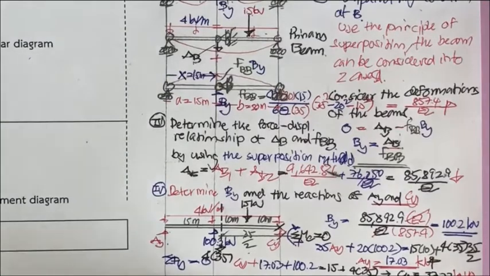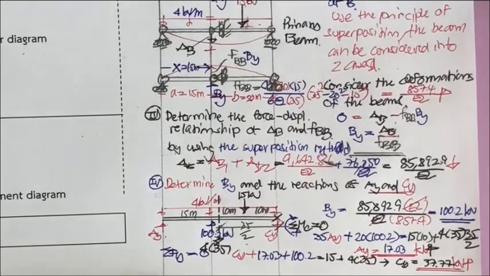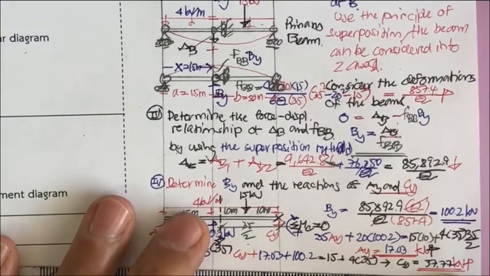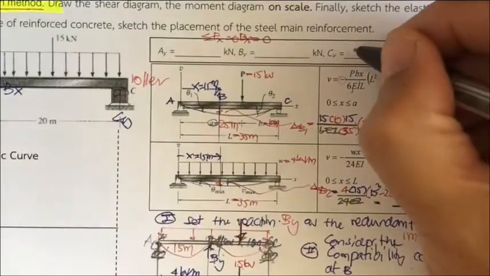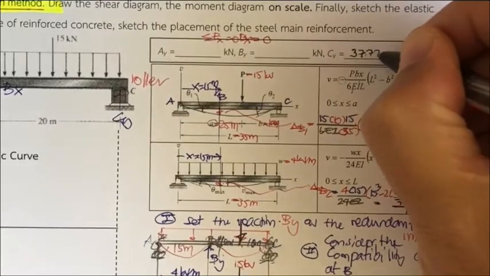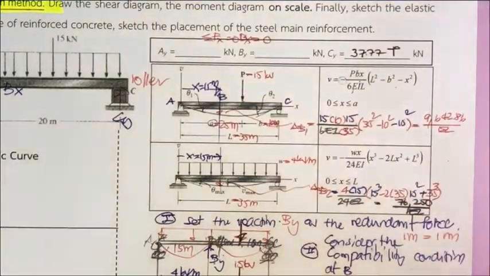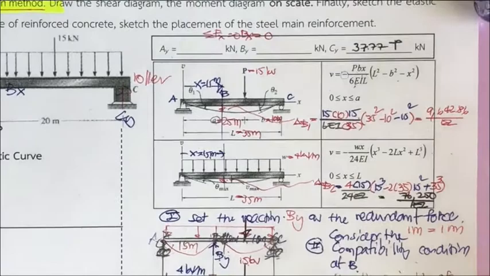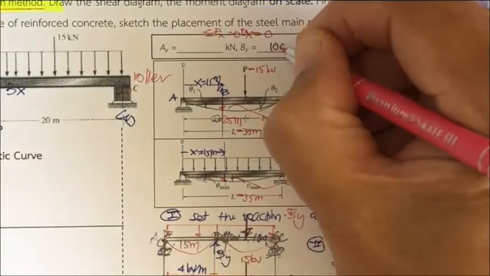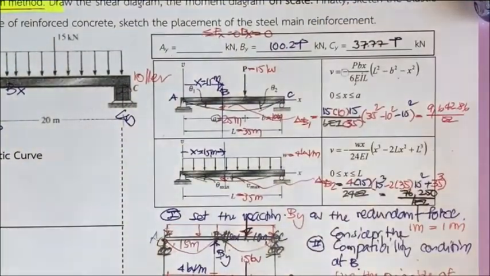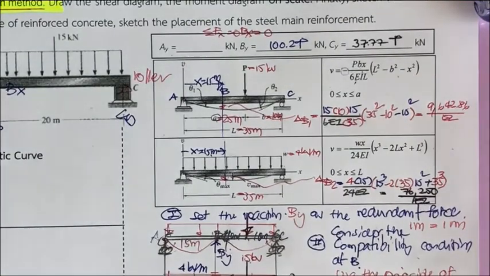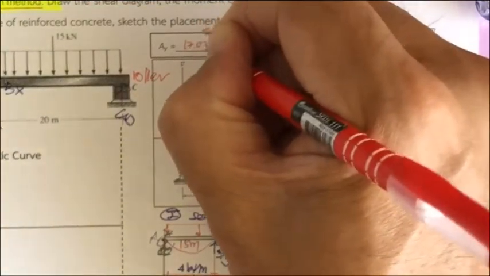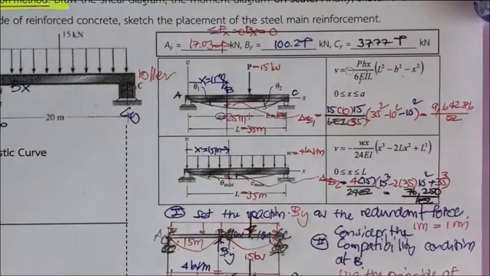Now you got everything that you're going to answer to the table. Okay, this is 37.77 kilonewton. The B sub y is 100.2 and the A sub y 17.03, and all upward.